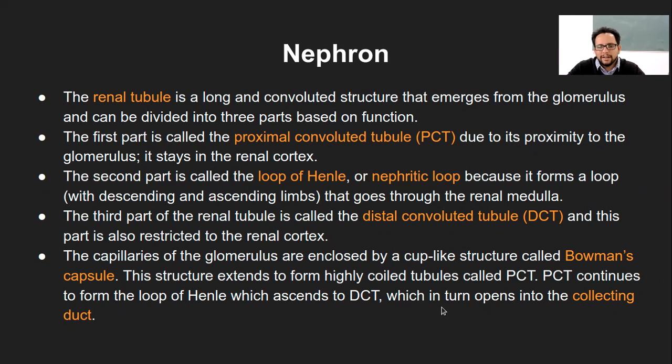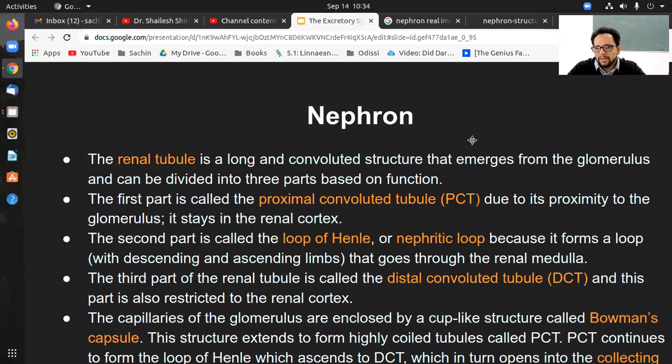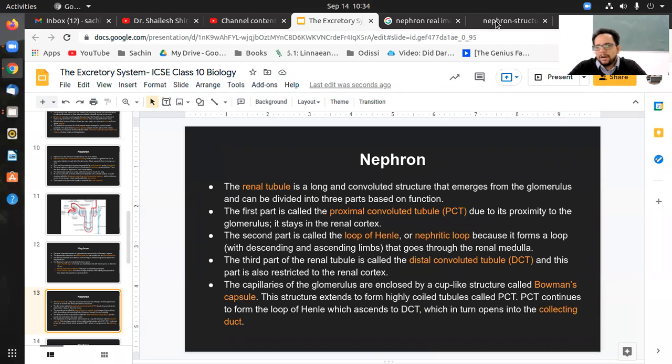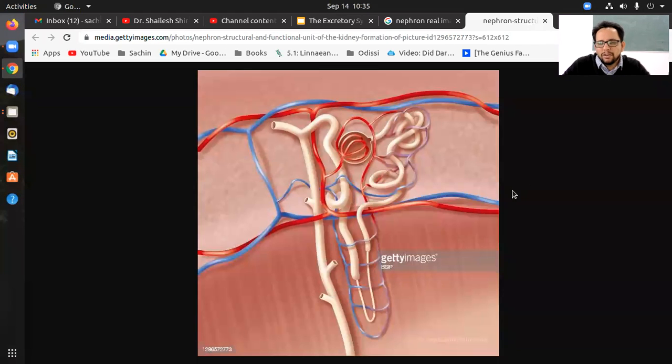So the collecting duct, as the name suggests, is the main branch of all the nephrons. Again, if we go back to this part of the nephron structure, this big tube-like structure, you can see it has these entry points, right?